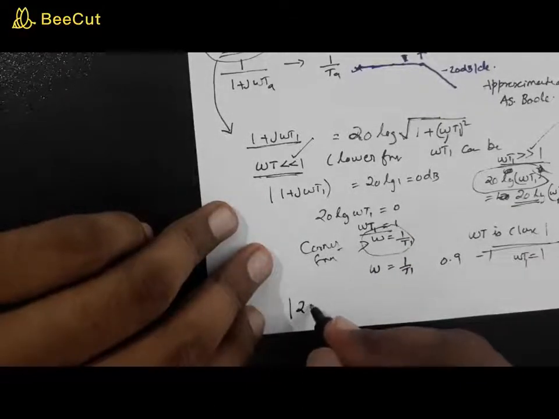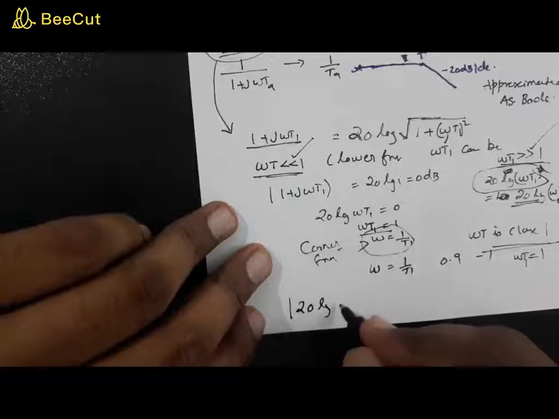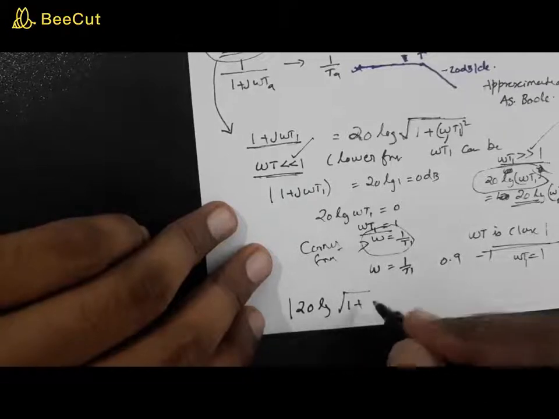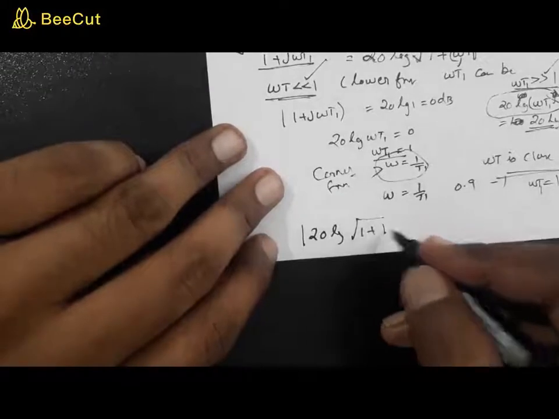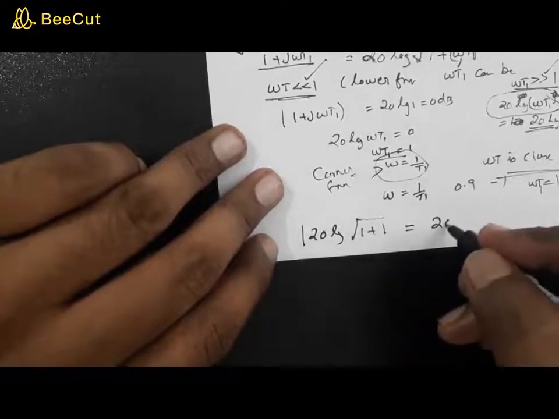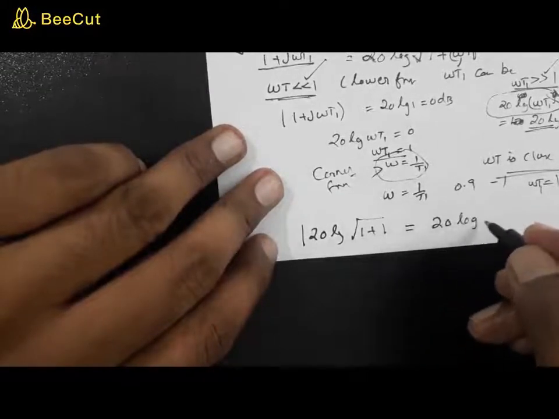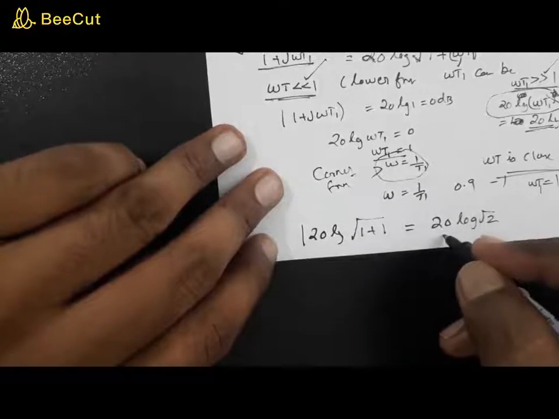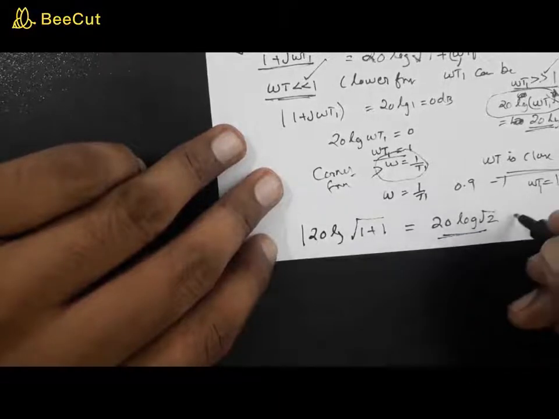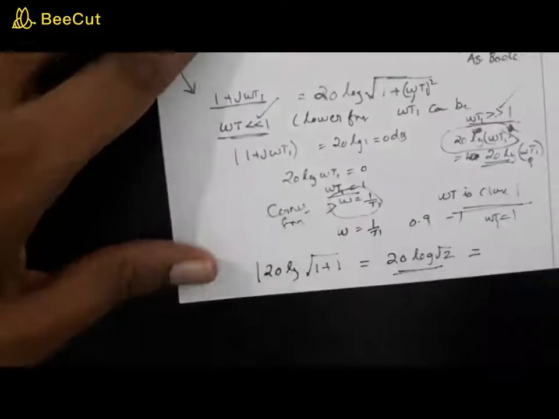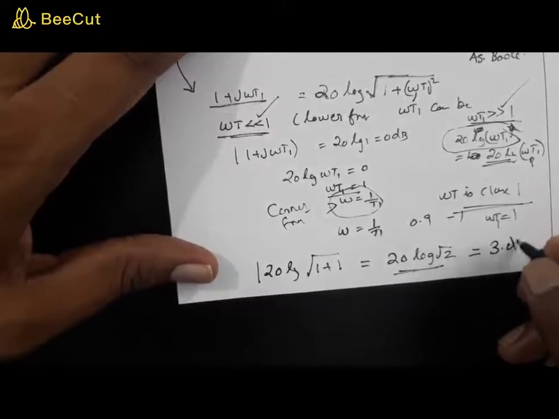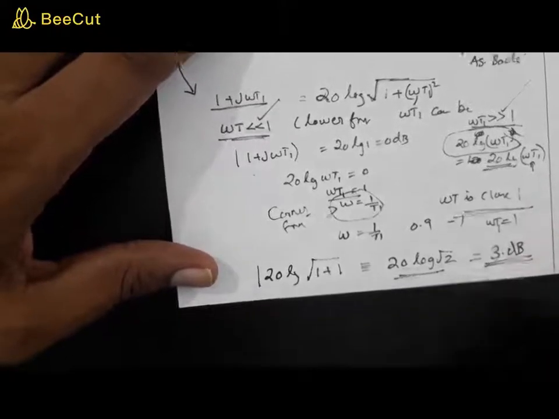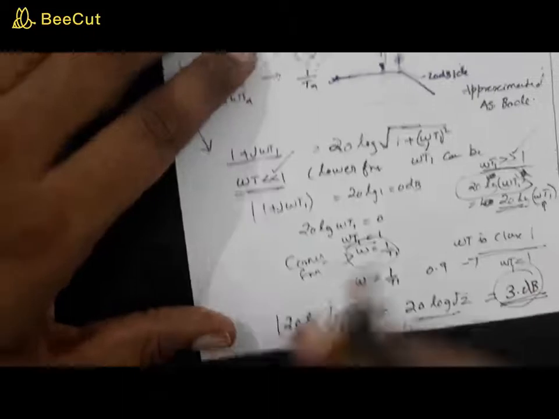When you find 20 log of the magnitude of 1 plus j omega t1, with omega t1 equal to 1, it will be 20 log root 2, which is equal to 3 dB. So that means there is an error.